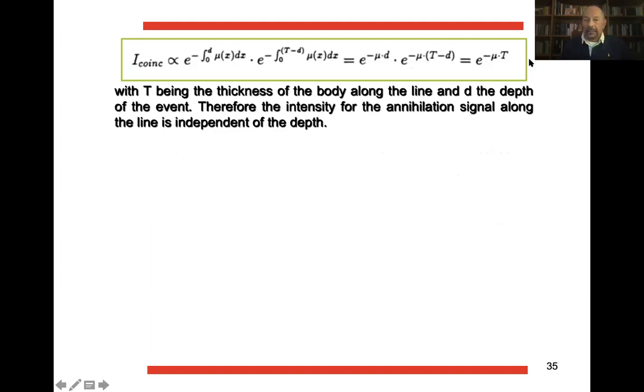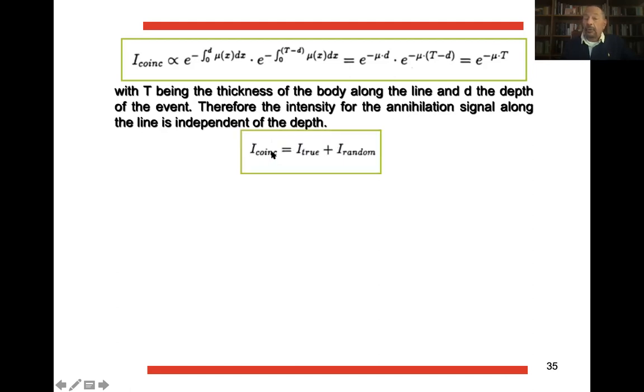This is the formula for the intensity, which will be given, essentially proportional again to the absorption. If T is the thickness of the body along the line and D the depth of the event, the intensity for the annihilation signal along the line becomes independent of the depth.